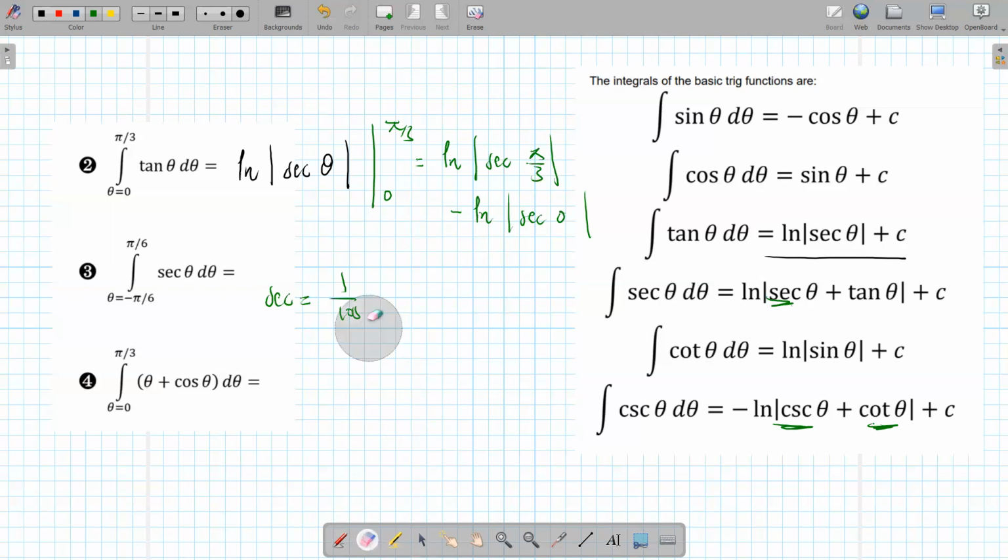So the question is, how do you plug this in? I'm going to plug it in like this. It's going to become ln of bracket open 1 divided by cosine of pi over 3, because secant is 1 over cosine, minus ln of 1 divided by cosine 0. This is how you'd plug it in.